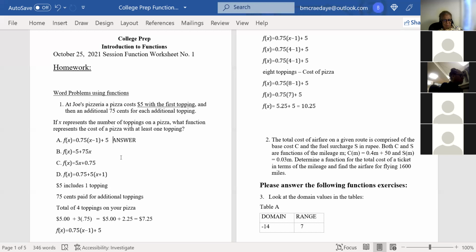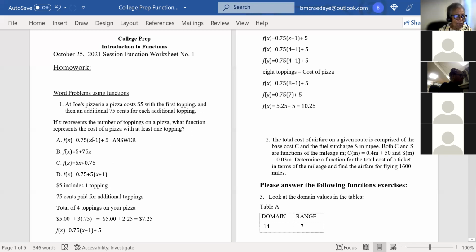Is it making sense, Audrey? Good explanation, Latoya. I don't understand it. Okay, so 75 cents for each additional topping. That's why you have to multiply the 75 cents by the number of toppings. But Audrey, if you get at least one topping, it is included with the $5.